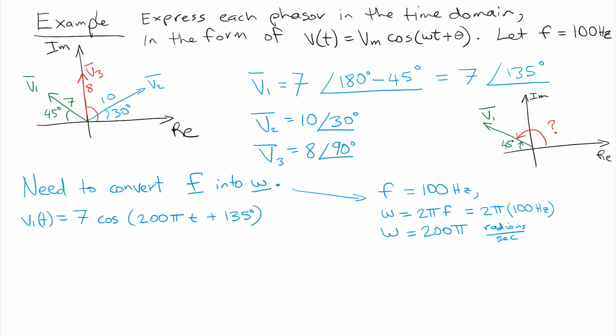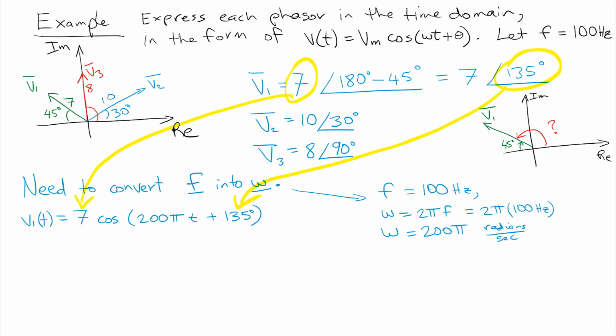Then, we're going to write V1 in its time domain form. We take the magnitude, the 7, and put it in front of the cos, so that's the magnitude in the time domain as well. We take the phase, which is 135 degrees, and put it in there as a phase.